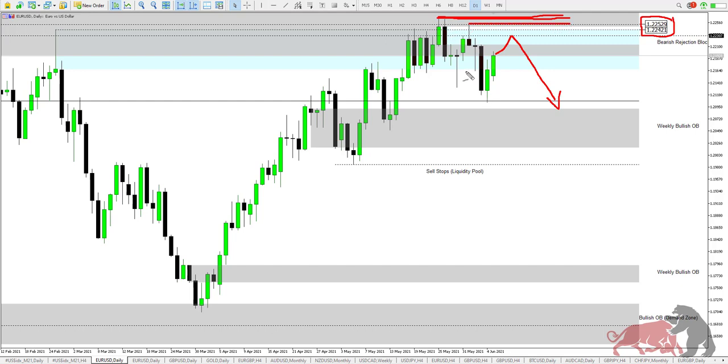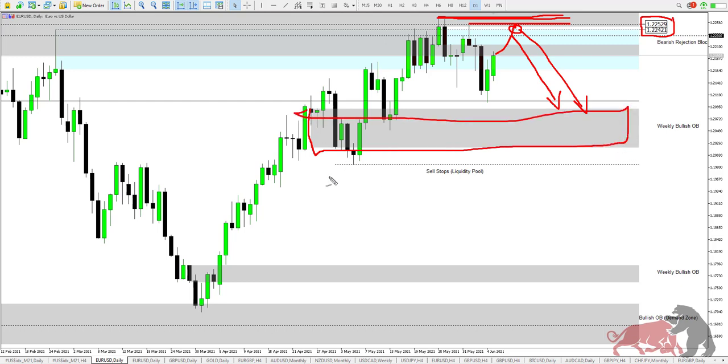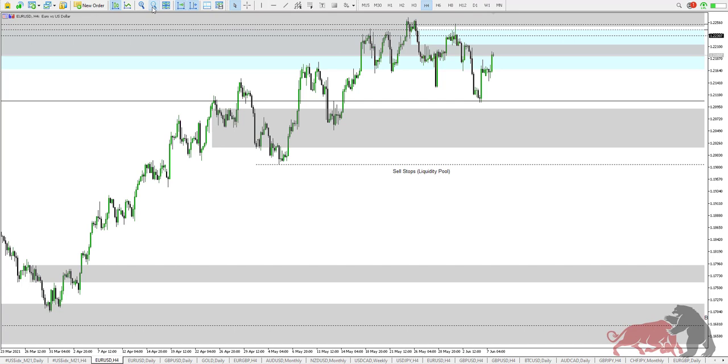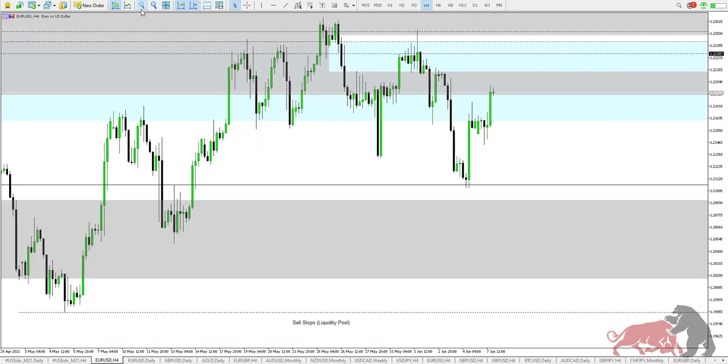So expect euro to trade inside this range and trade lower, with the ultimate goal being this weekly bullish order block. It doesn't have to be difficult, guys. This is not rocket science. Yes, a lot of people out there make it look as if it's something very difficult, but it's not. You just need to make sure you understand the concept.